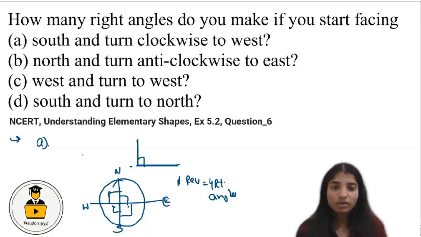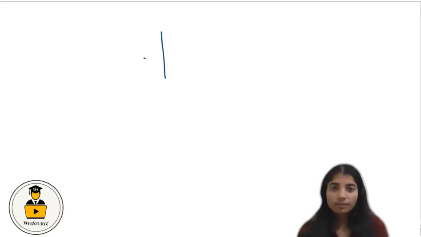The thing I want to convey here is that if we know how much of the circle is covered, we can easily tell how many right angles it made. So look here in part A, it starts from south and turns clockwise to west. This is north, south, west and east.